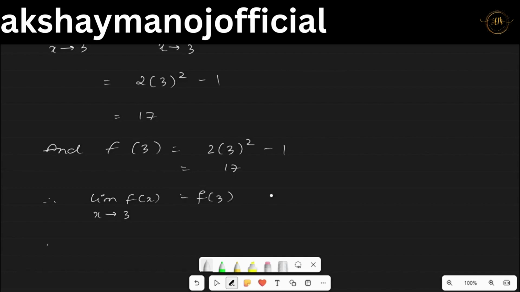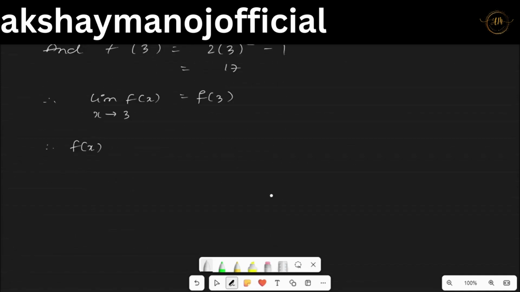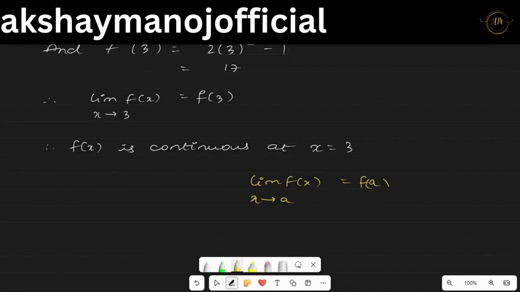So f of x is continuous at x equals 3. Again, what's the condition for continuity? Limit of f of x as x tends to a is equal to f of a. If this condition is satisfied, then the function is continuous. Clear?